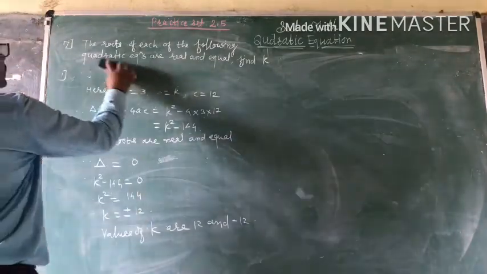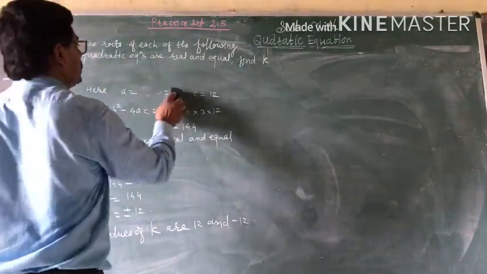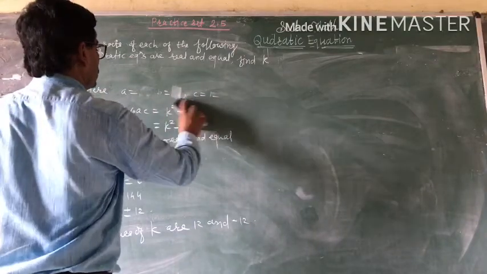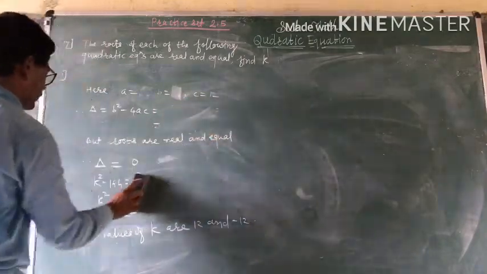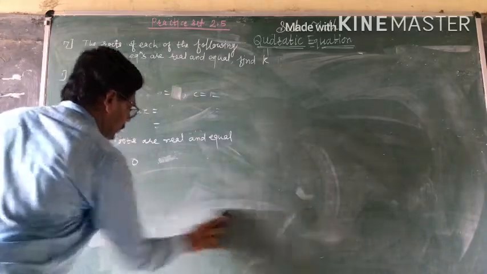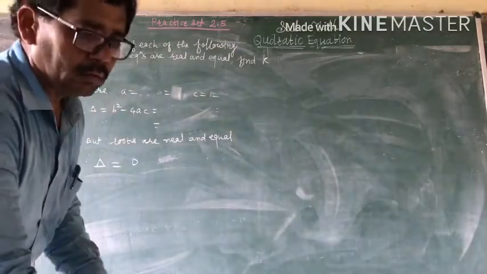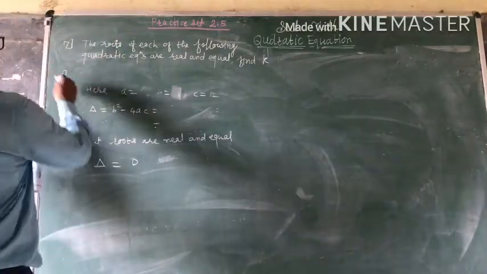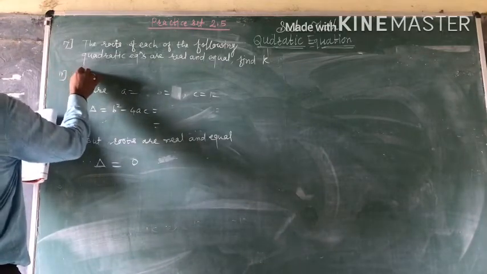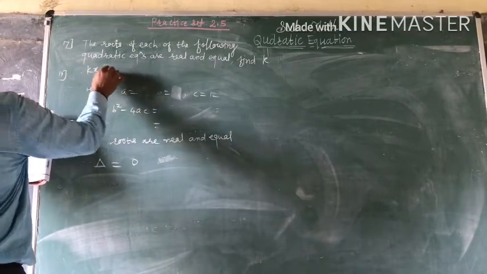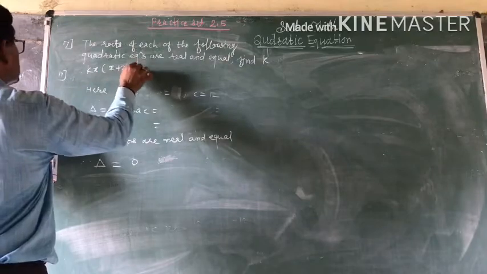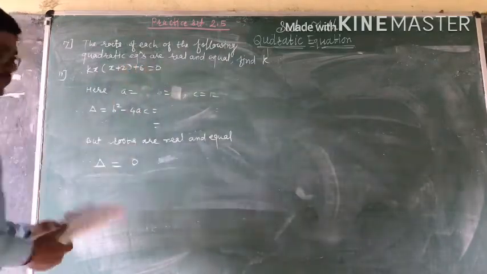The second equation, kx (x plus 2) plus 6 is equal to 0.